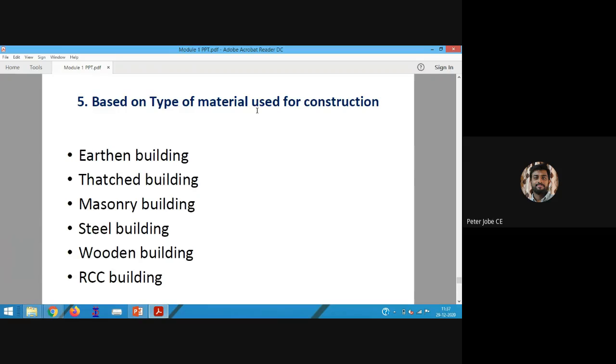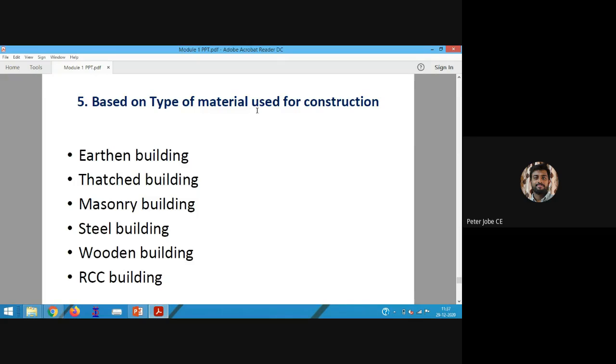Why are we basically providing a foundation? Because a foundation is provided to distribute the load over a larger area. In an earthen building, first of all, the load from the building will be very small, and next, we are using the same material present as soil for the construction. But in the case of an RCC building or some other building, we are using different materials.